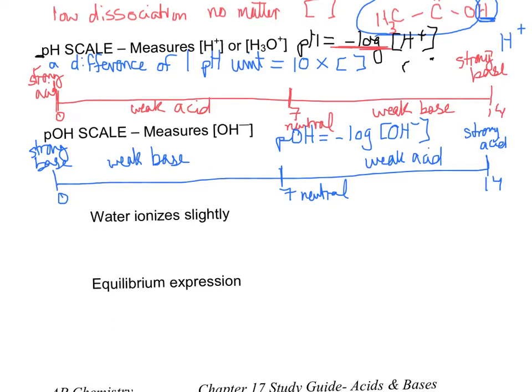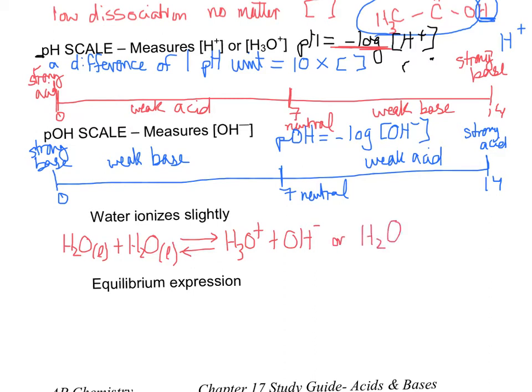Now, water is covalent, as we all know. However, because of the strong hydrogen bonding that it has, because of its very strong polarity, it will ionize slightly. So if we have two water molecules, H2O liquid plus H2O liquid, that very, very slightly ionizes to form H3O plus and OH minus. Or you can write it this way: H2O liquid dissociates into H plus and OH minus.